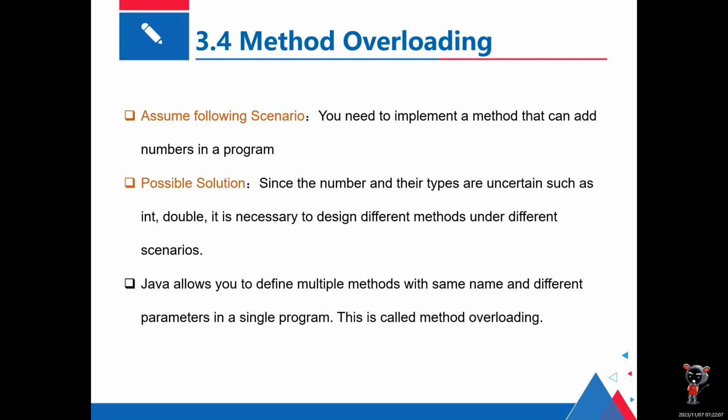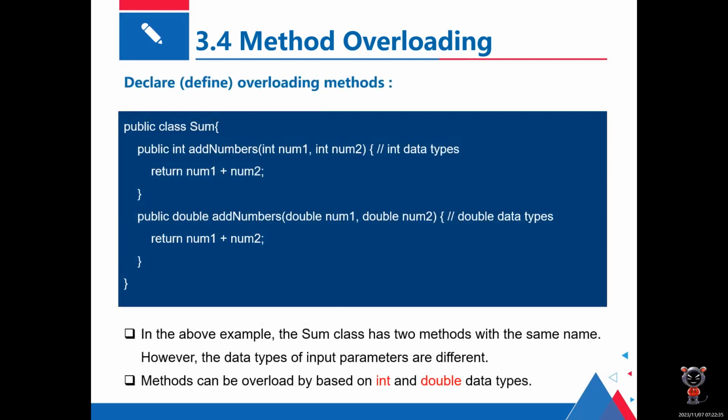If you want to use different data types for the same method, we can use method overloading in Java. In this way, we can use the same name for two methods, but we can provide different types or a different set of parameters. This type of programming is called method overloading.